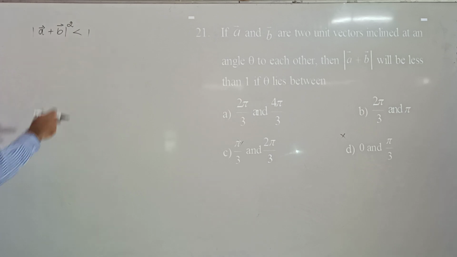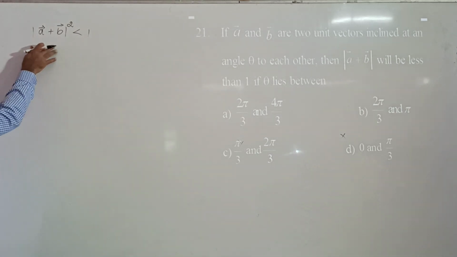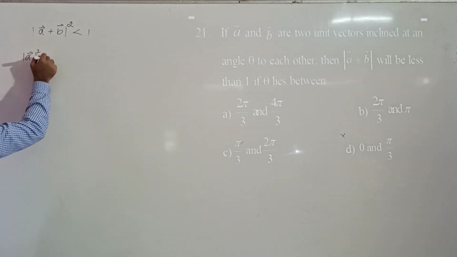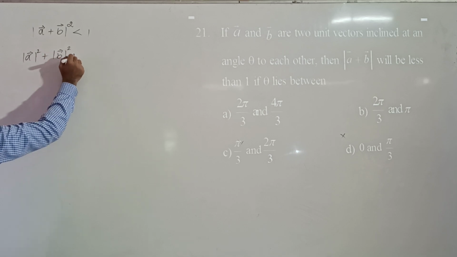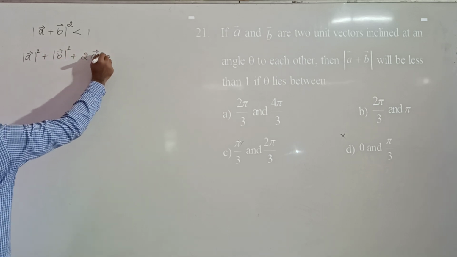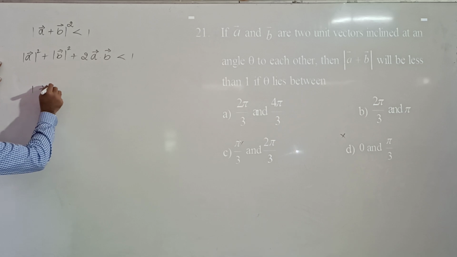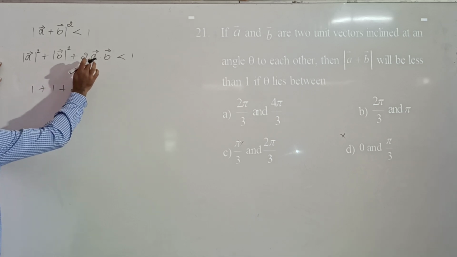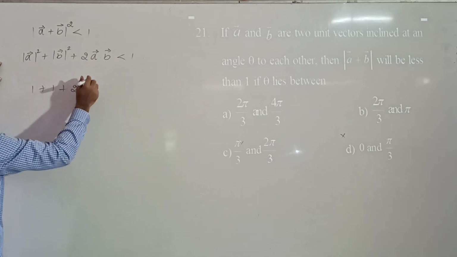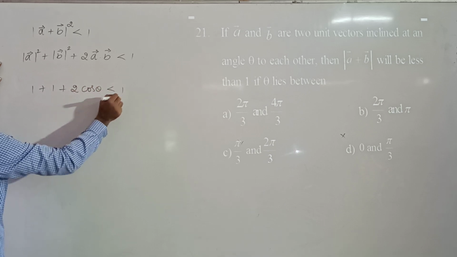So if I square it also, it will be less than 1. Its formula, you know, A square plus B square plus 2 A dot B, that is less than 1. These are two unit vectors, so you get 1 plus 1 plus 2 into mod A mod B cos theta. Mod A mod B is 1, so 2 cos theta less than 1.